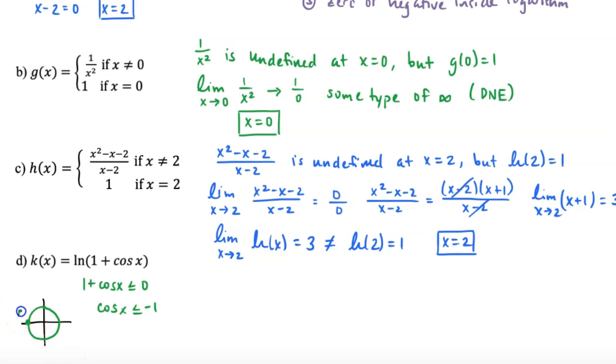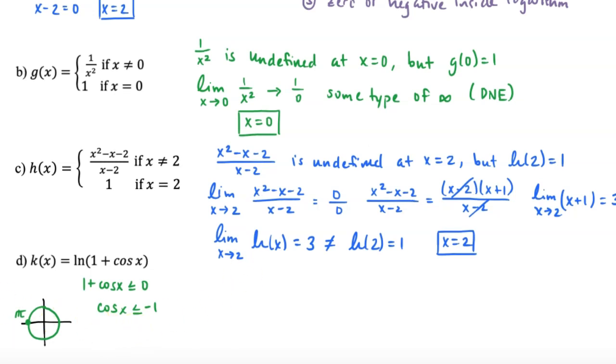So this is pi, but this value is the same as 3 pi, which is the same as 5 pi, which is the same as 7 pi. Because I have infinitely many x values that are going to give me a cosine of negative 1, meaning I'm going to have a function that is undefined, I'm going to describe it using this n notation.